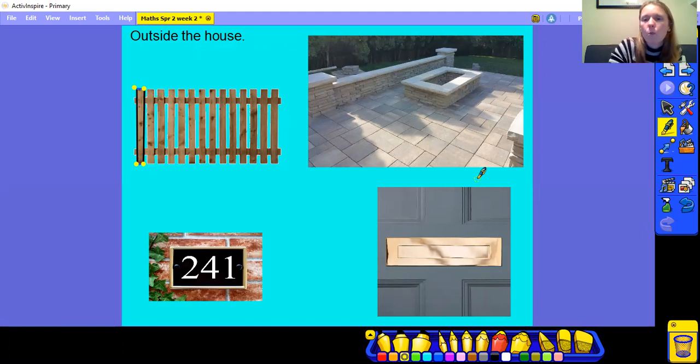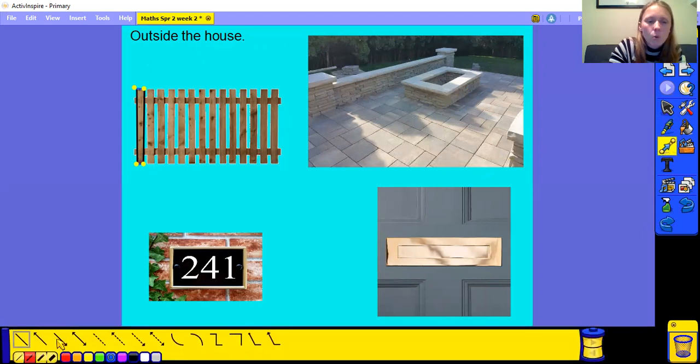It doesn't matter which way round it is. So I can see quite a lot of rectangles in this picture. I wonder if you spotted them all too. I can see that these bricks here are very small rectangles. And I can also see a rectangle just here. Did you spot that rectangle too?